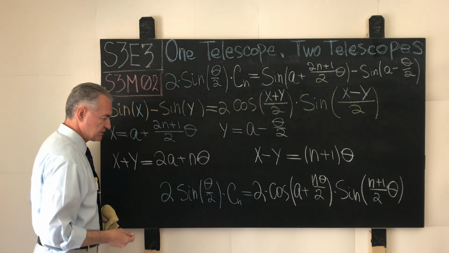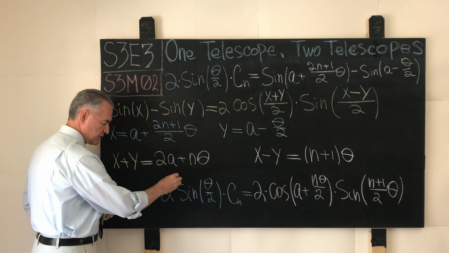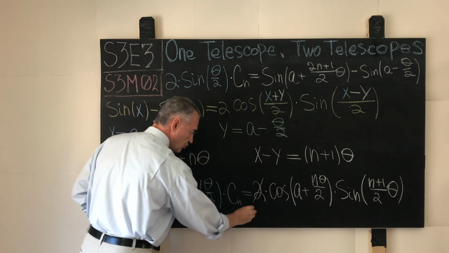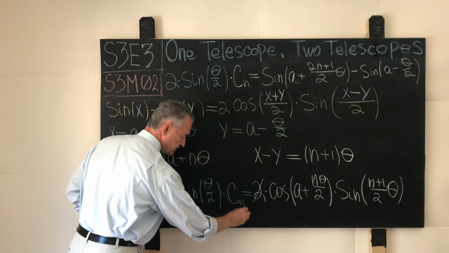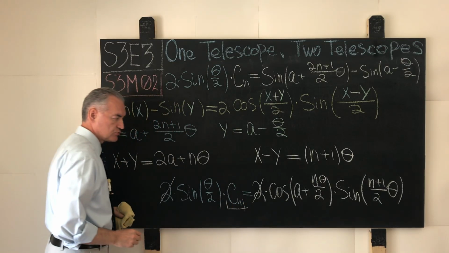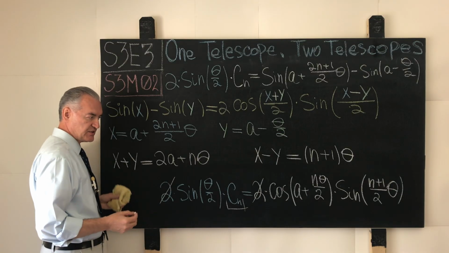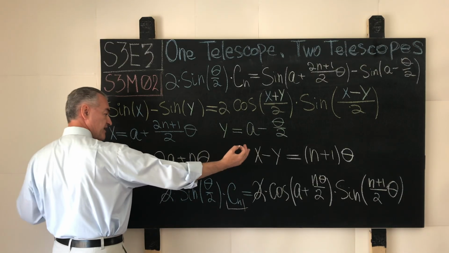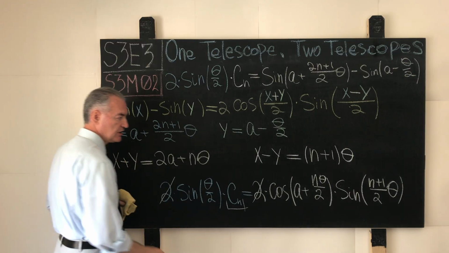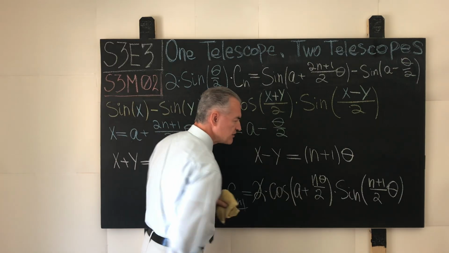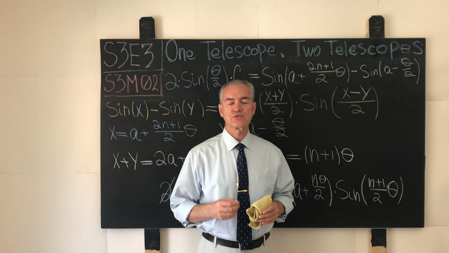And what do we see over here? Oh, look at this, what a miracle. 2 and 2 cancel each other out, and voila, we have our Cn in closed form, in which we precisely compressed the sum of all the terms of all the summands into a product, and we can write it down as follows.